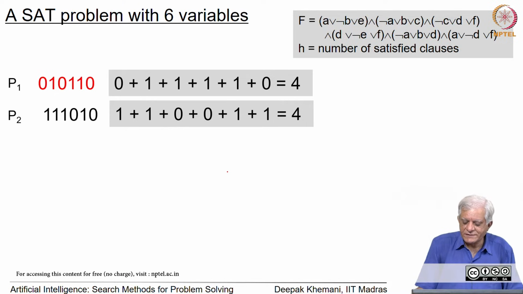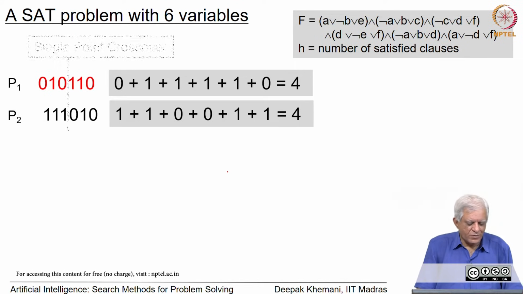So, we have this 3 SAT formula given on the top. This is the same formula we saw in the last slide. It has got 6 clauses, and each clause has 3 literals in it. The heuristic function is the number of satisfied clauses, and supposing we choose these 2 parents, which we have called P1 and P2, and then we do single point crossover.